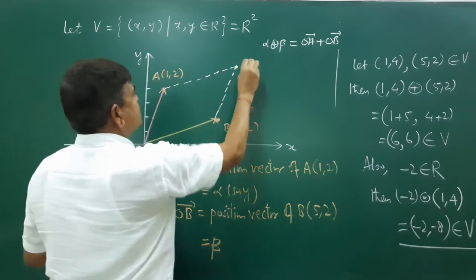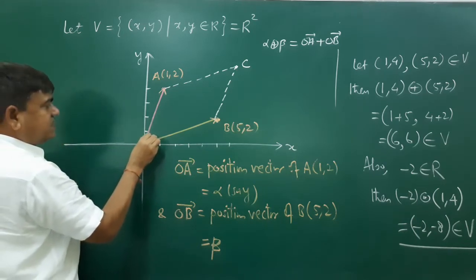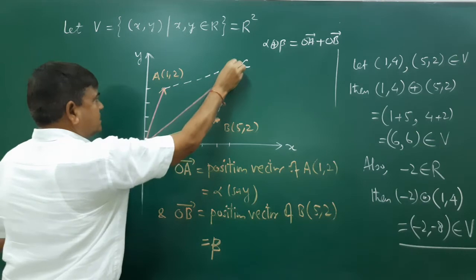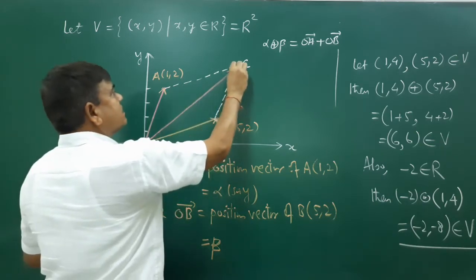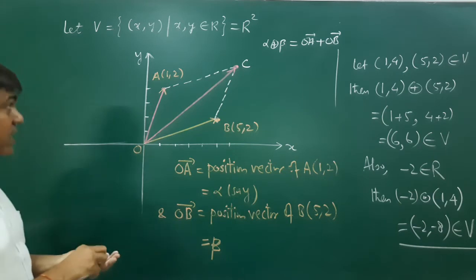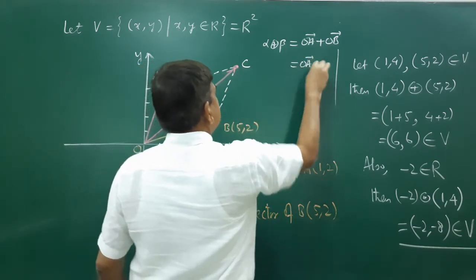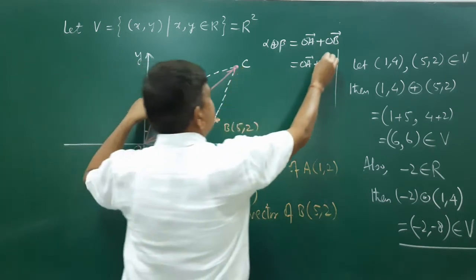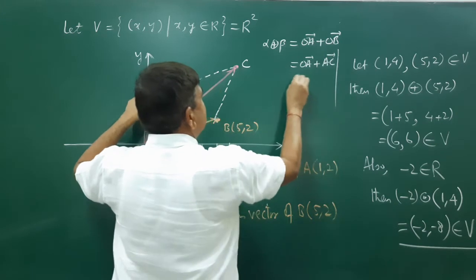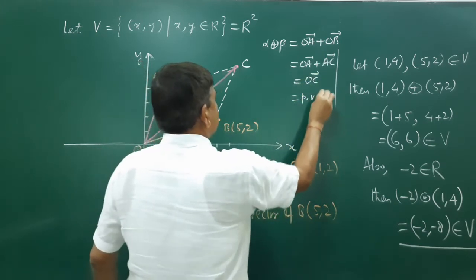Suppose this point is C, for example. So here is the diagonal. So vector OA plus OB equals OA plus AC, since OB is equal to AC, and this is OC. That means the position vector of C.